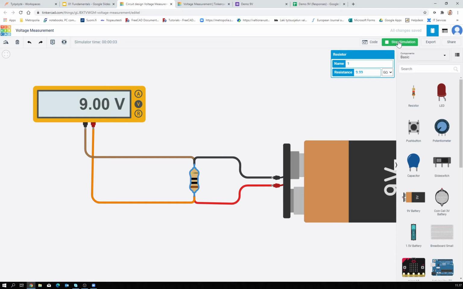So pick the highest values, really high resistance. If you have a giga ohm resistor, actually it's better than vacuum.